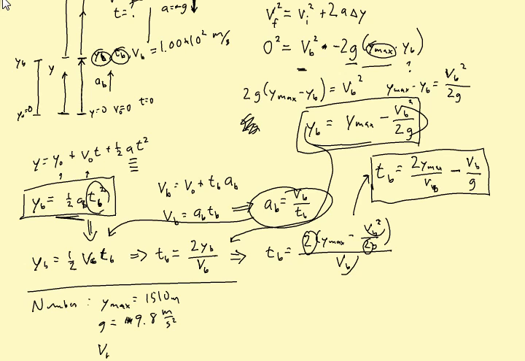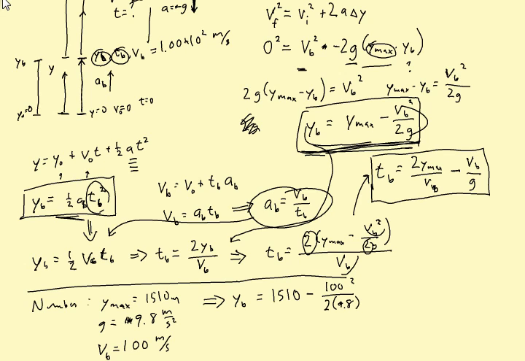And v at burnout is 100 meters per second. So let's plug those in and see. yb is y max, 1,510, minus vb squared, 100 squared, over 2 times 9.8, right?